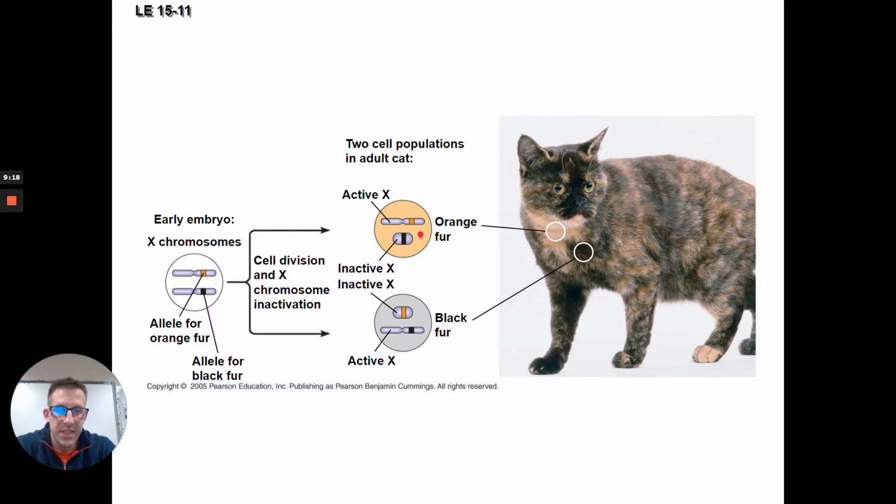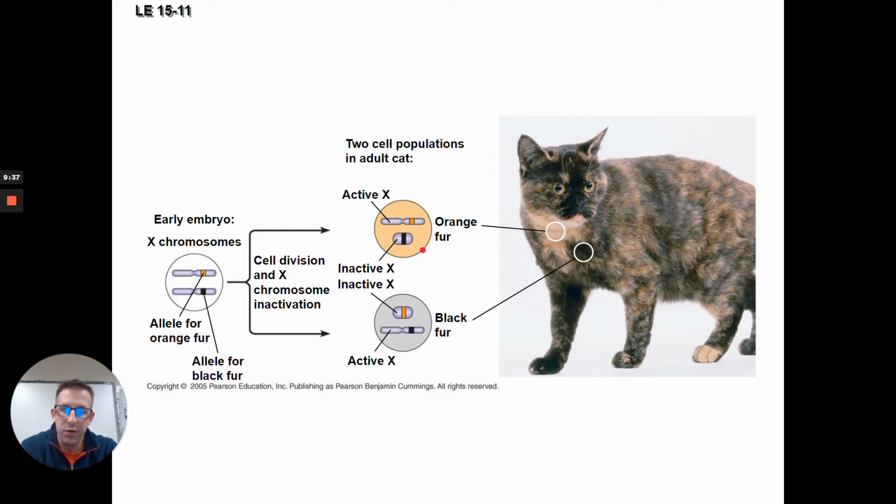Okay, it will deactivate. For instance, this little balled up chromosome that has the black allele. That chromosome is inactive and it won't ever be expressed, which means the only chromosome left in that particular area is going to be the orange one.